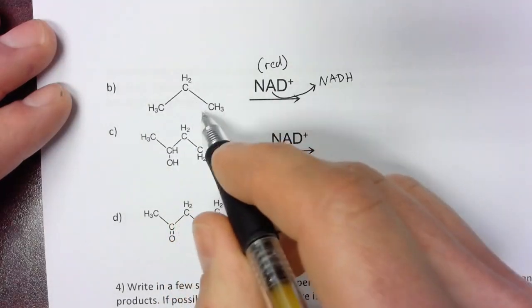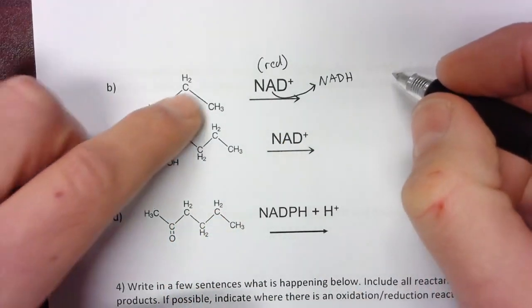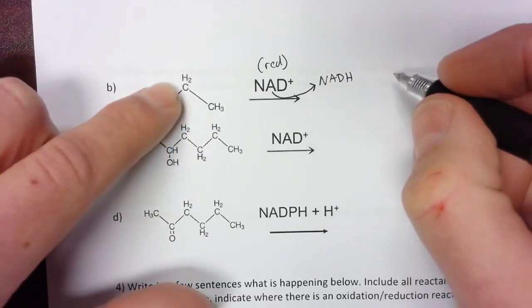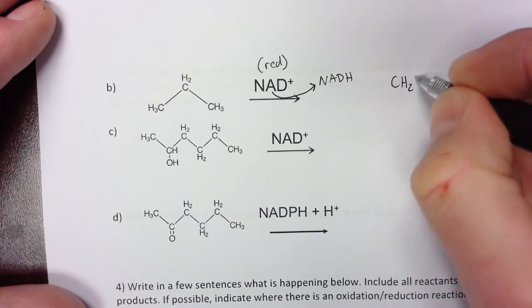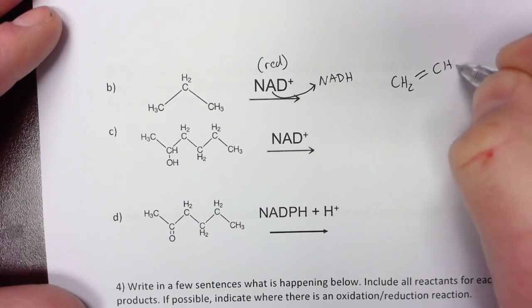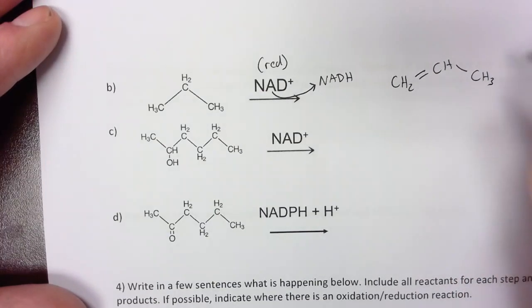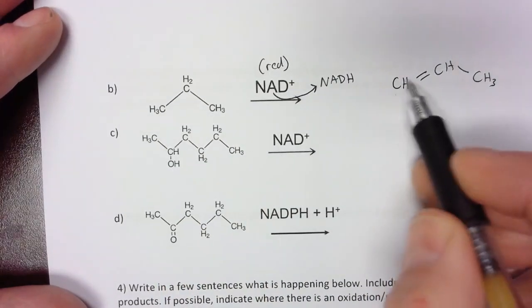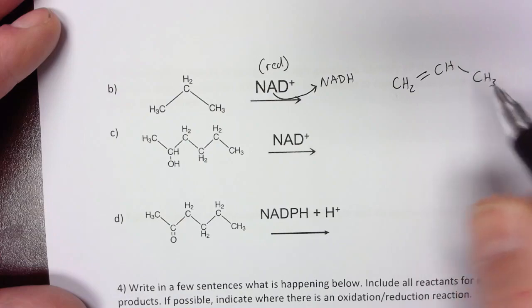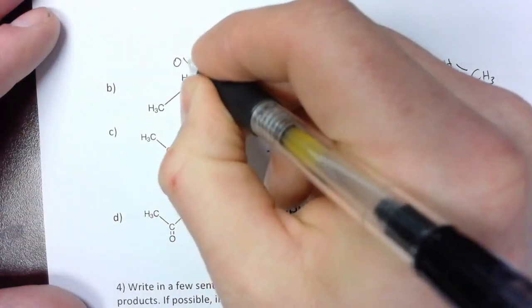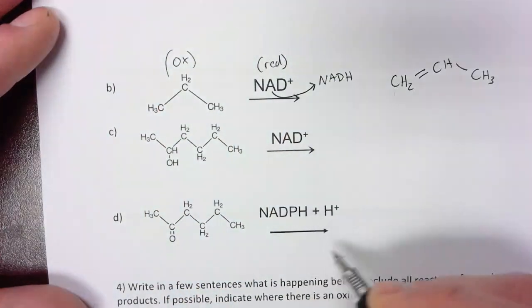So I need to draw an alkene somewhere. And you can draw it either here or on this bond, doesn't matter. The point is you have to take into account that carbon will only need 4 bonds. So I need to write this as CH2, then CH, then CH3. So this got oxidized and that got reduced.